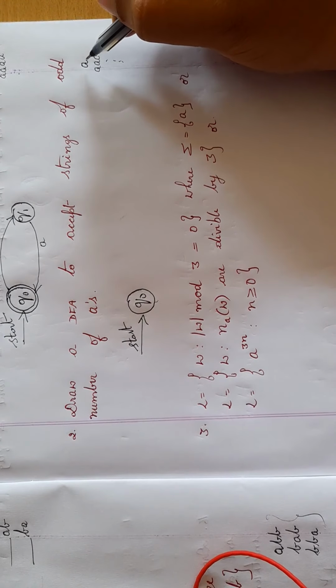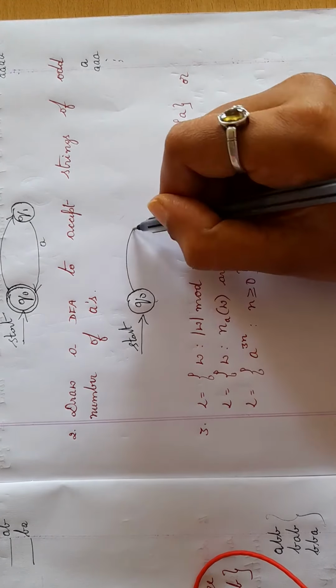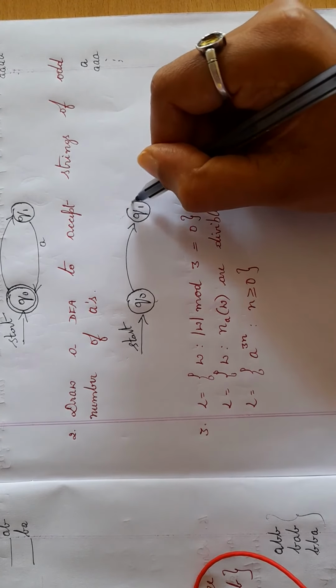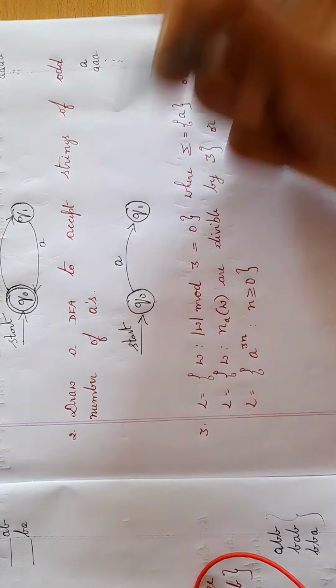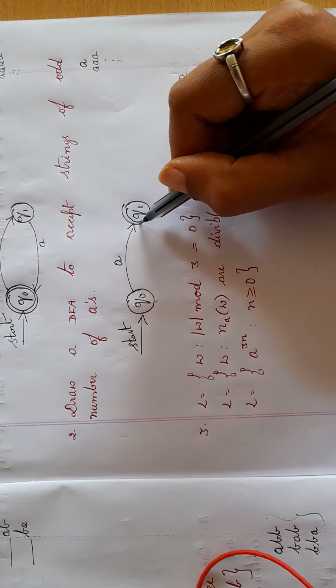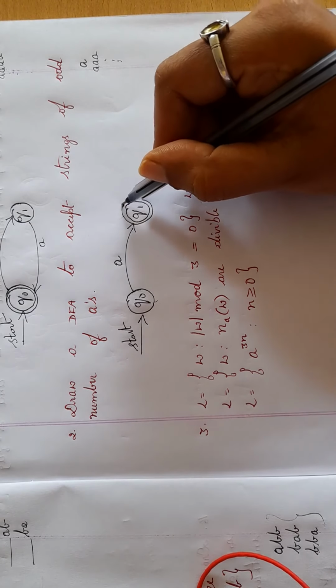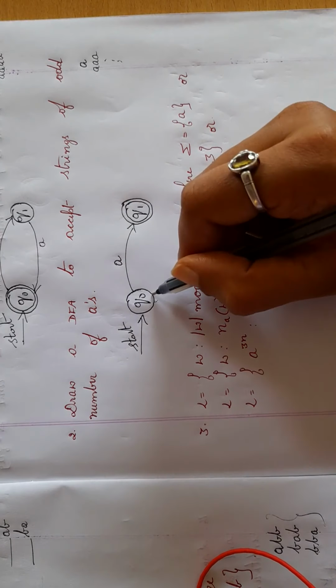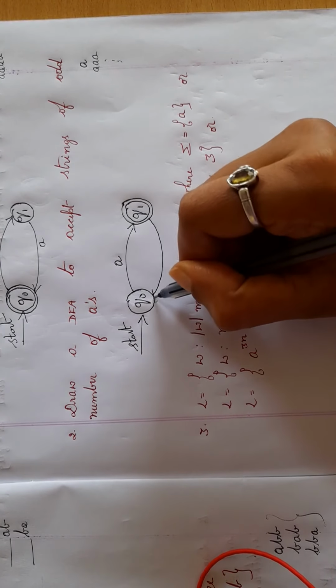My base condition is 1A, so I'll go to the next state Q1. I read 1A, so this becomes the final state. I need to have one outgoing A from Q1 also, so I'll get it back to Q naught.